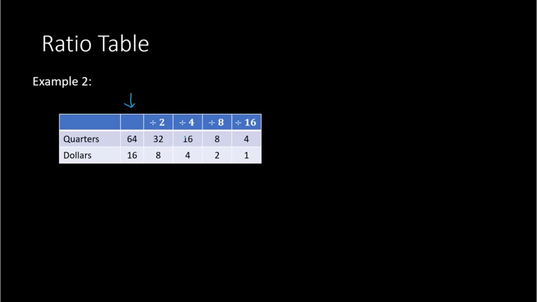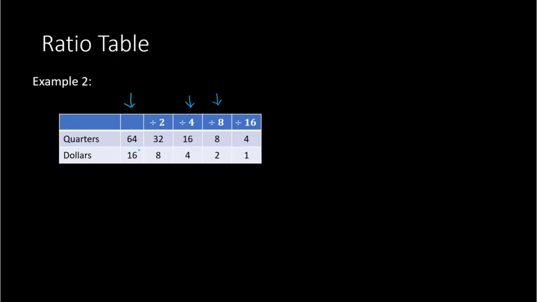Or we could divide by a different number. We could divide by 4, as we see here. 64 divided by 4 is 16, and then 16 divided by 4 would be 4. And again, we can continue with different numbers. So we can divide by 8 or divide by 16, and we get these different values.